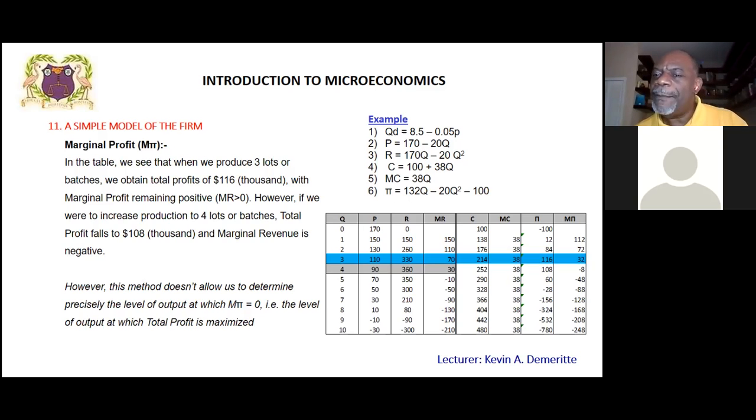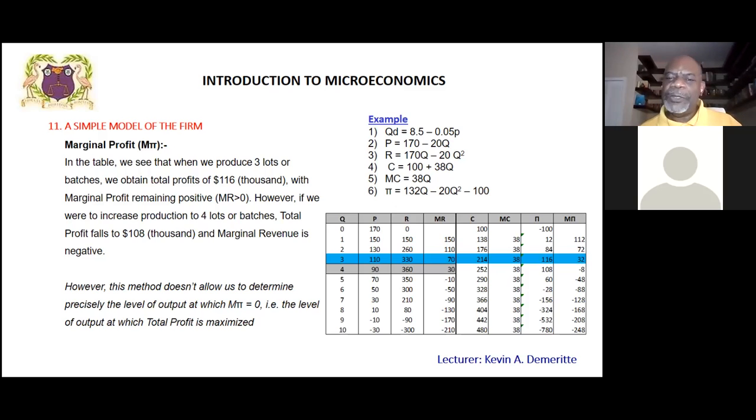So we produce and sell one more, our total profit went up to 116. The extra profit that we made from selling that one item went up by 32. So, oh, okay. So we produce and sell that one extra item, and our profit went up by an additional $32. It made sense to keep the party going, to produce one more.